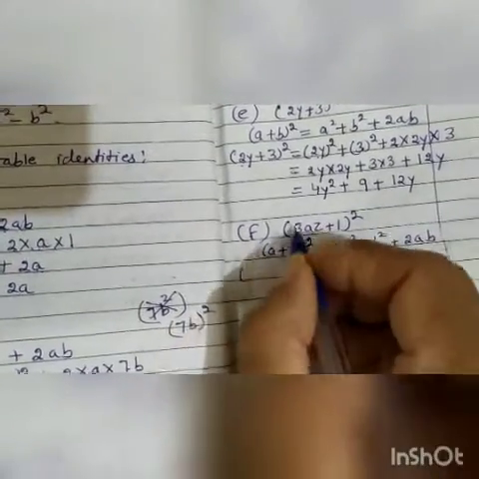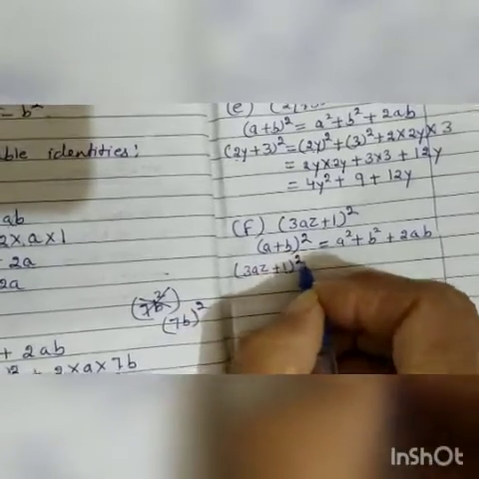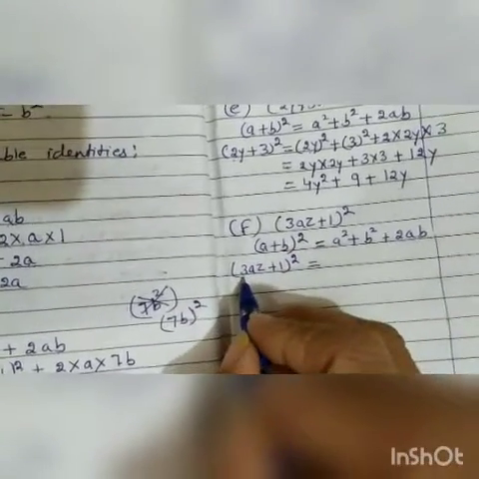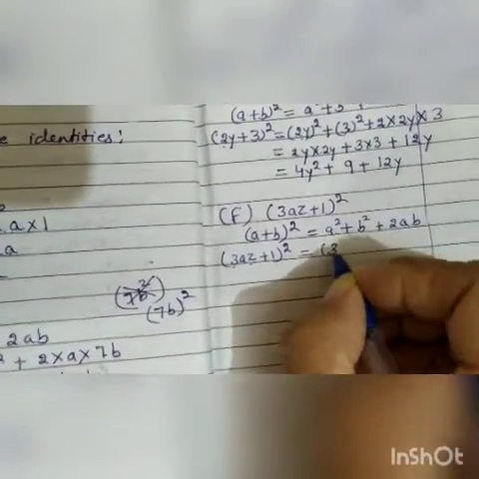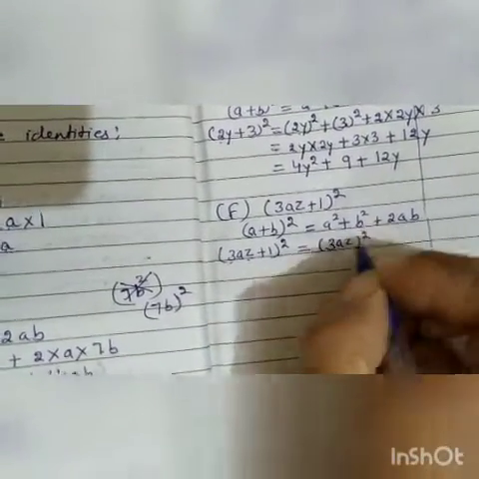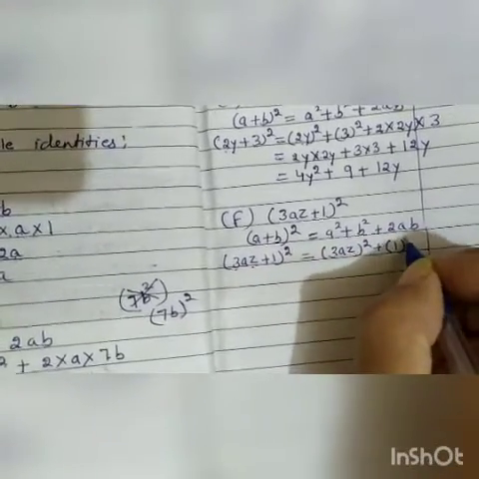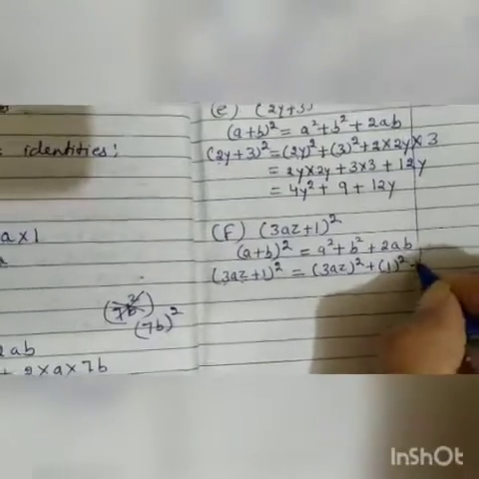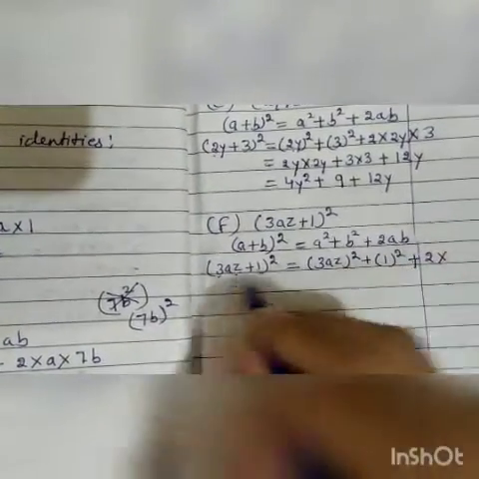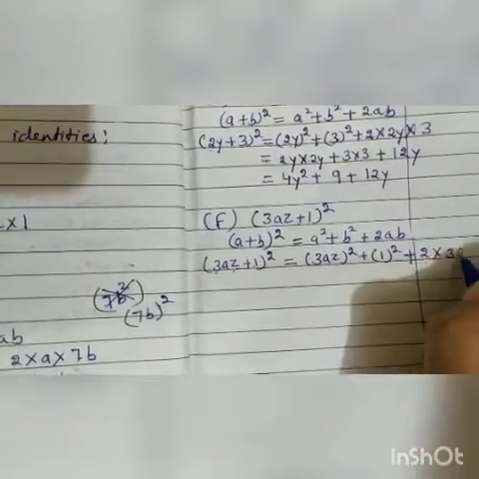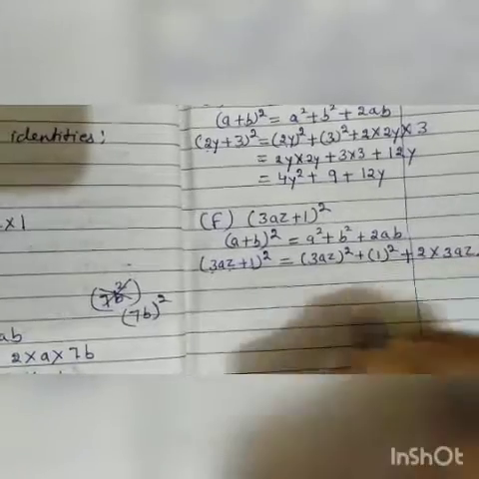Now our question is (3az plus 1) whole square. So this time our first term is 3az. So in place of A we will write (3az) whole square. Then the second term is 1, plus 1 square, plus 2AB. In place of A it is 3az and in place of B it is 1.